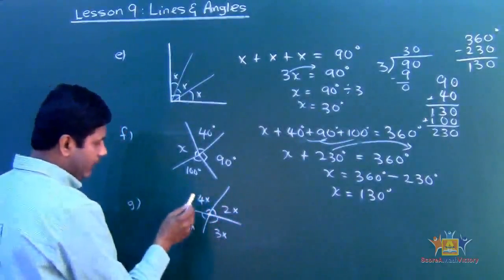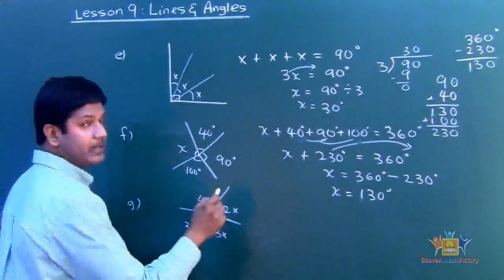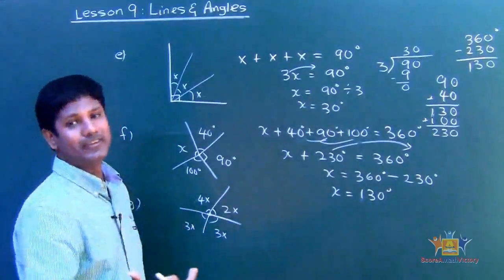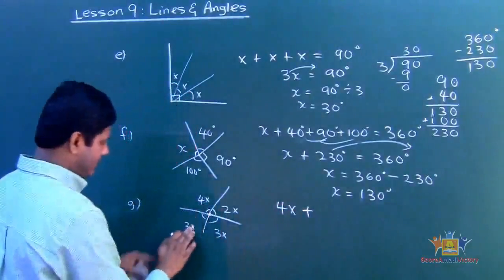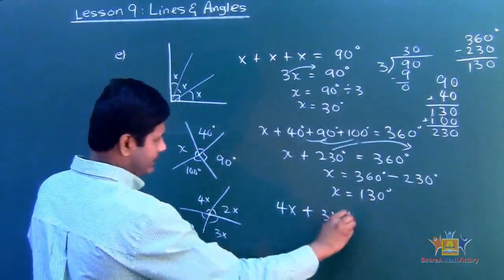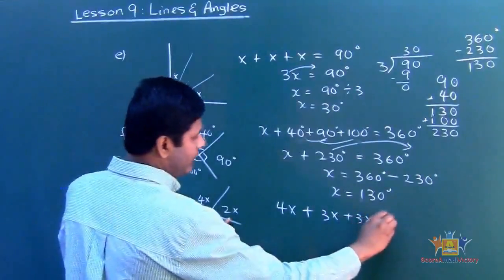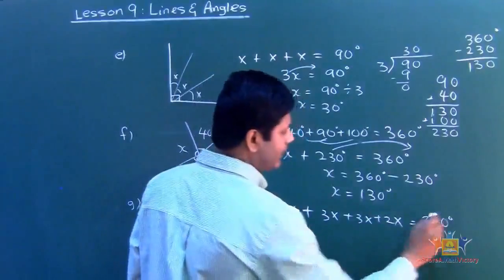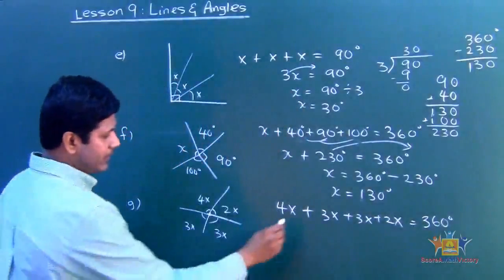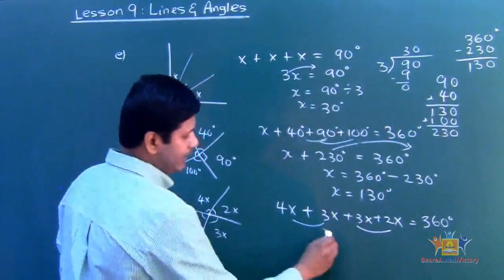That means what? 4x plus 3x plus 3x plus 2x should equal 360. Exactly. Let's do that. Write that up. 4x plus 3x plus 3x plus 2x equals 360. Okay, now let's add them by pairing, and then we add the total.